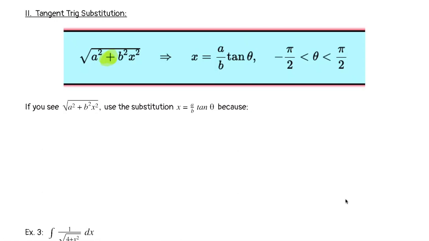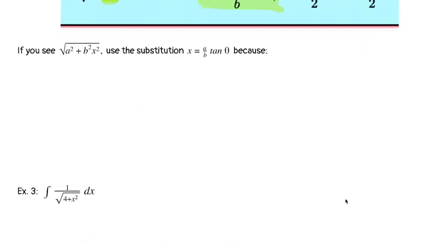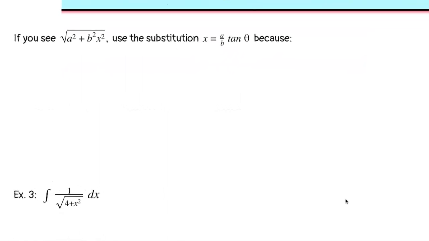So when we see things that are attached with a plus sign, the substitution we want to make is x equals a over b tangent theta, okay? And what we're going to do is walk through why that's useful in this little space over here, and then we're going to do a couple practice problems. So when we see this, here's why it's useful to substitute in a over b tangent theta for any x's.